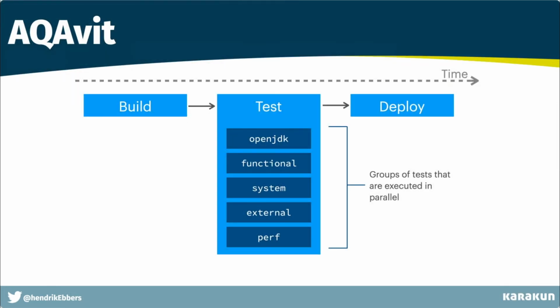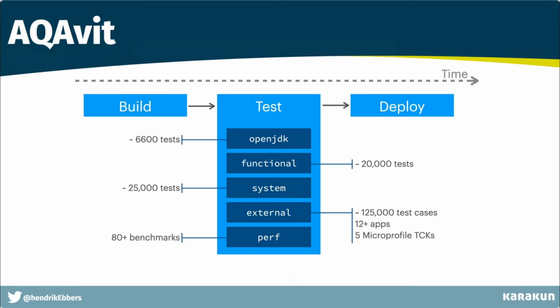And one thing that is quite cool is this external module that contains over 125,000 tests, because here we took the unit tests and the integration tests from huge Java open source projects like, for example, Tomcat, like Derby DB, like TCKs from Eclipse MicroProfile, and run those tests against the Java binary that should be tested.